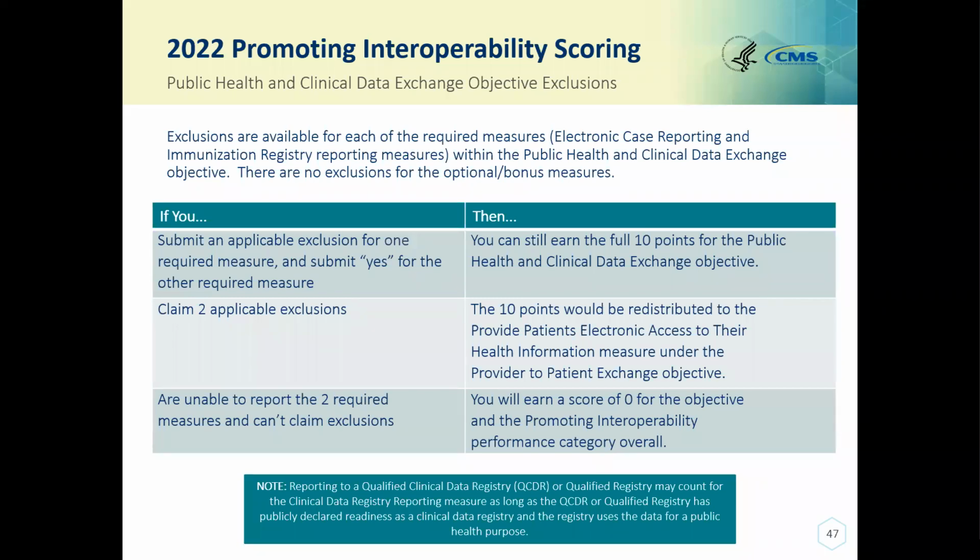If you claim 2 exclusions for these measures, we would redistribute the 10 points to the provide patients access to their health information measure. And this is the same for all measures that are required: if you can't report and you're submitting no's and you can't claim applicable exclusions, you would earn a 0 for the public health objective and a 0 for the promoting interoperability performance category overall. Next slide, please.